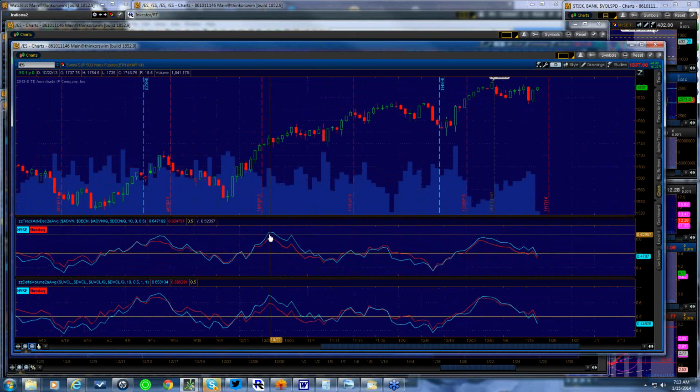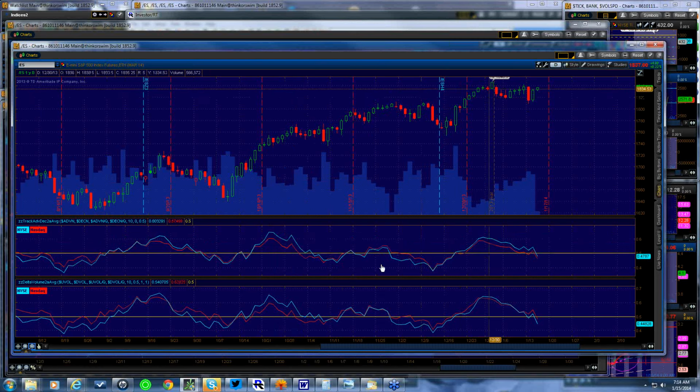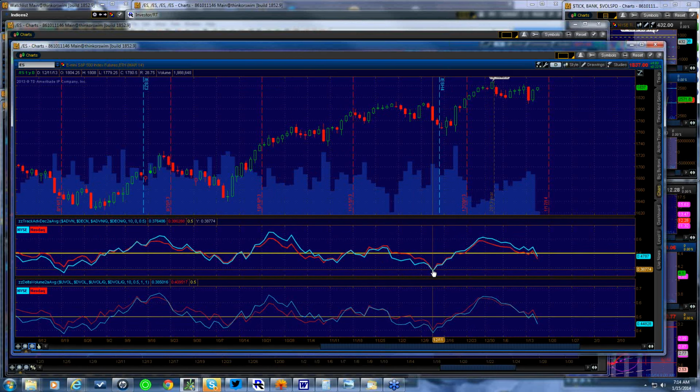We actually peaked back here on the 22nd of October, and then as price was moving up, the market breadth in terms of advance-decline and up-down volume was moving lower. So we hit an interim bottom here on December 11th. Since then, market breadth has increased through the holiday season, peaking on December 27th.